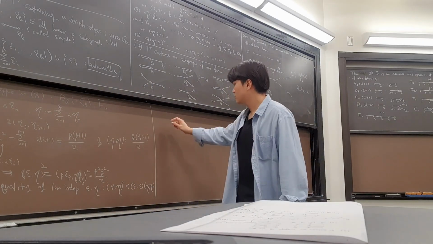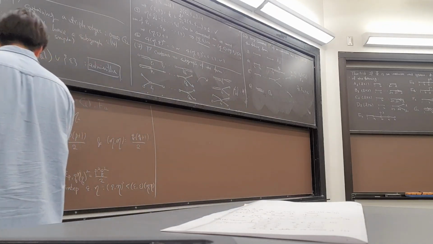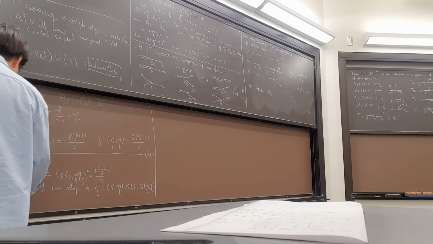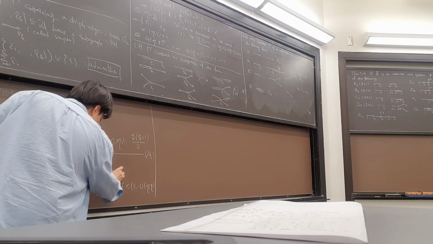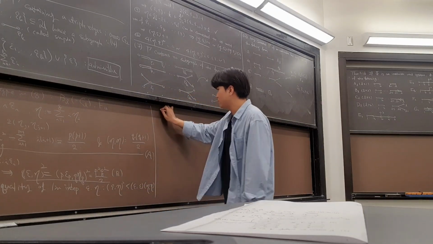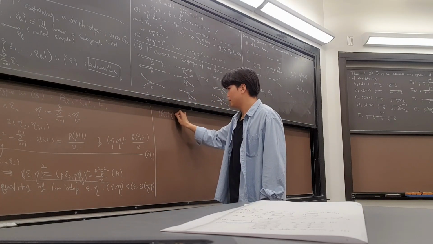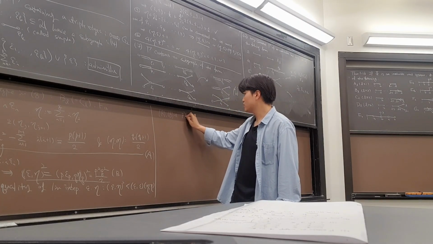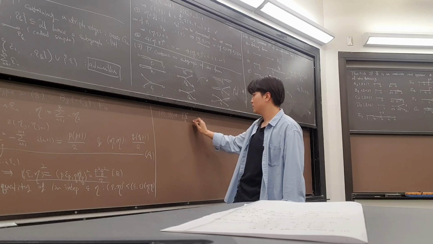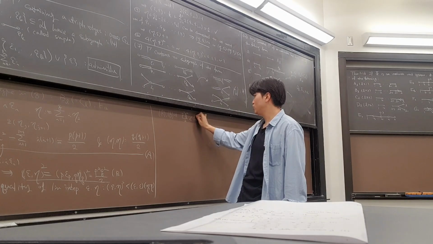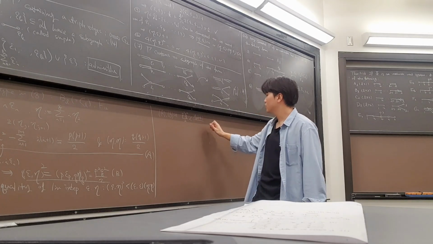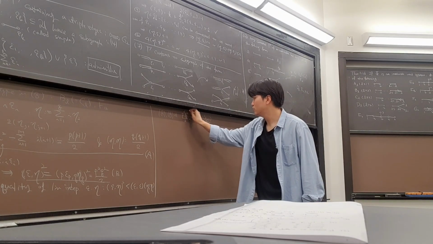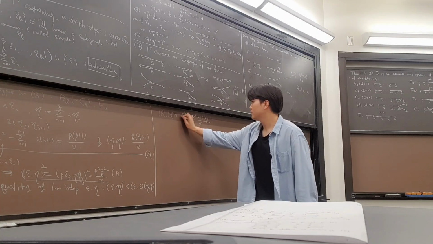So by A and B, we will use dissipation, so we can get p squared q squared over 2 is less than pq(p plus 1)(q plus 1) over 4, right? And we can remove pq from both sides.